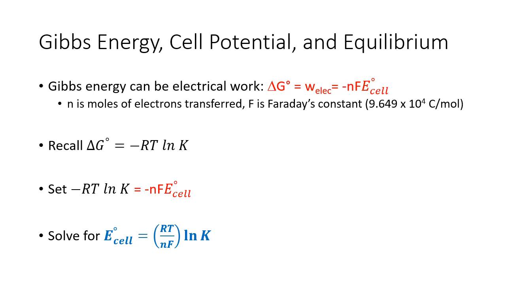We get minus RT natural log of K is equal to negative nFE naught cell. If we isolate E naught cell, we get RT over nF natural log of K. For the record, if we were doing a non-standard cell, we would still have the same equation. We just wouldn't put the naught above the E.